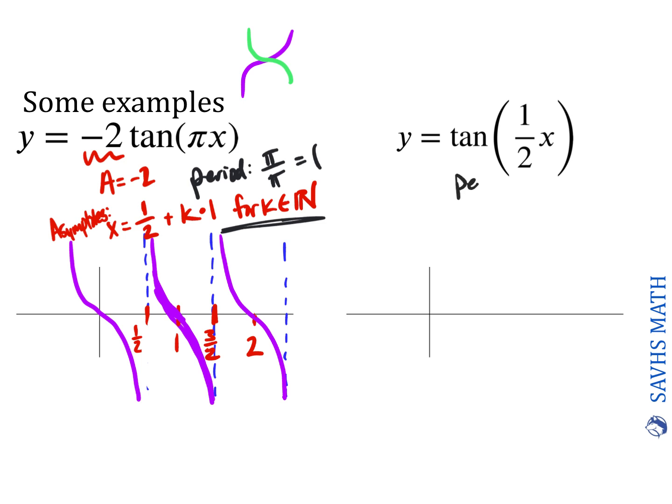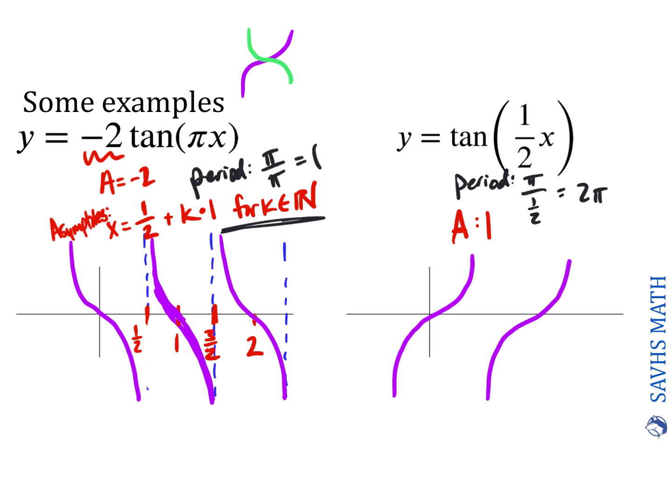All right, the next one is tangent of 1/2 x. The period is pi over 1/2, and so that would be 2 pi. And then our amplitude, or our vertical scale factor, is just 1, and so we'll have our default sketch. Okay, draw our asymptotes through here, like that, like that.